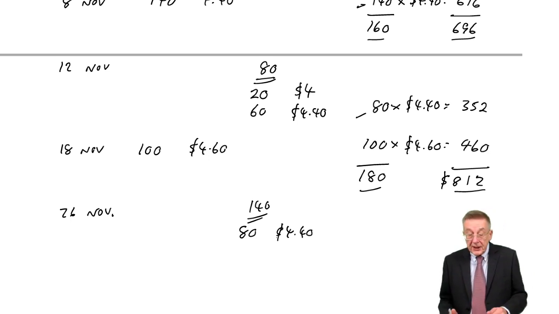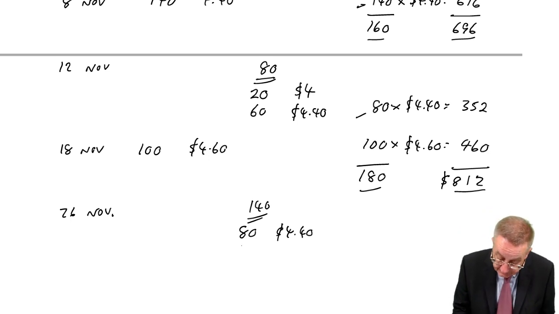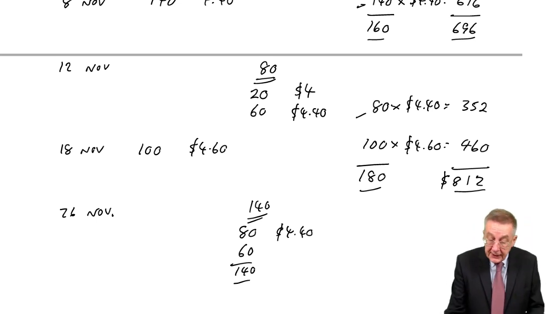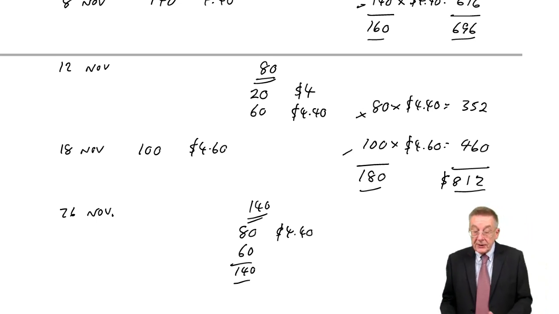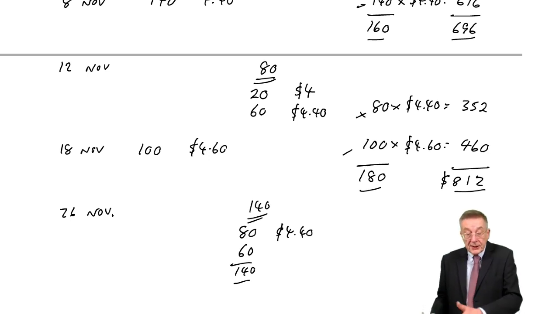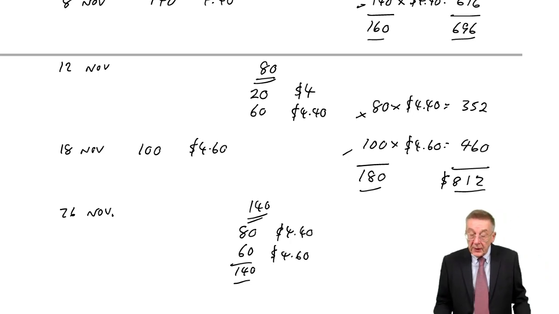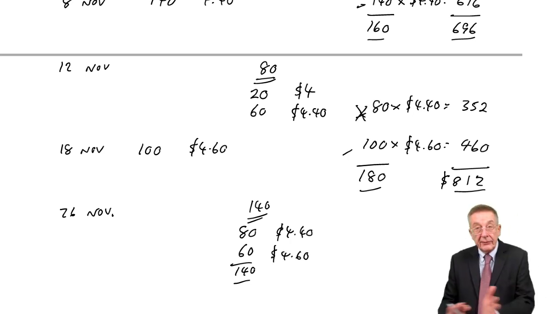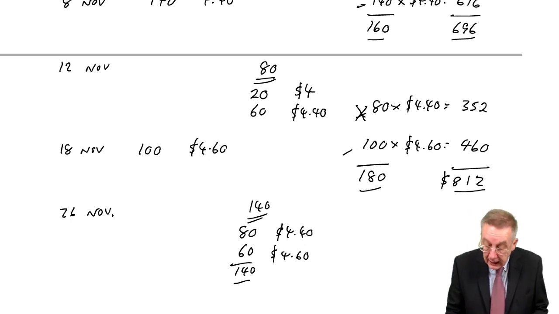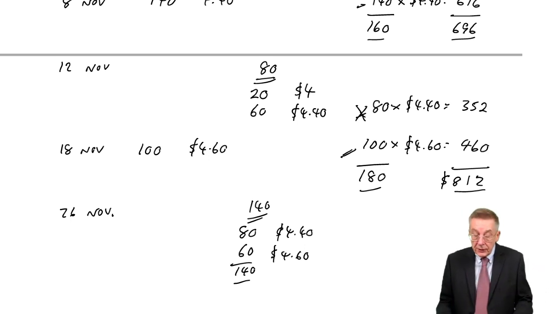We're issuing 140, so what about the other 60? Well, the 80 have gone. Those 60 must be out of the next lot, the 100, and so they are $4.60. And so what are we left with? Again, those 80 have gone. We then issued 60 of those 100.